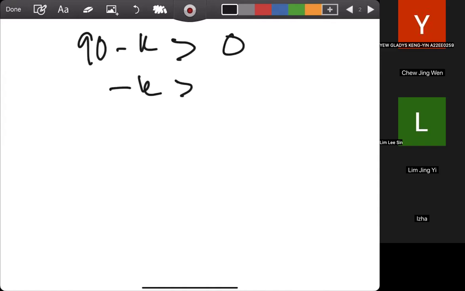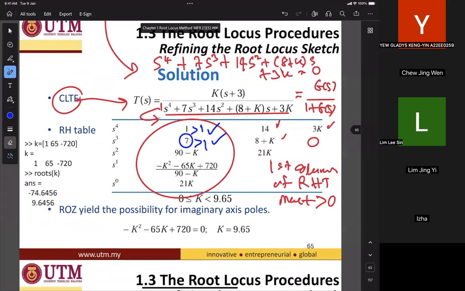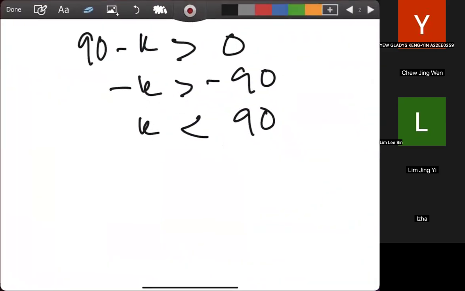Minus K greater than minus 90, K less than 90. Okay, so this is equation number 1.